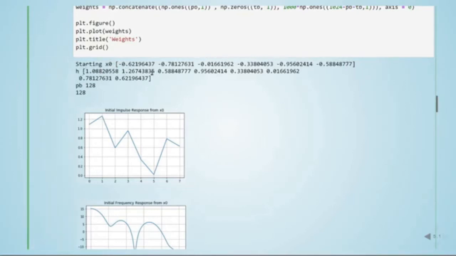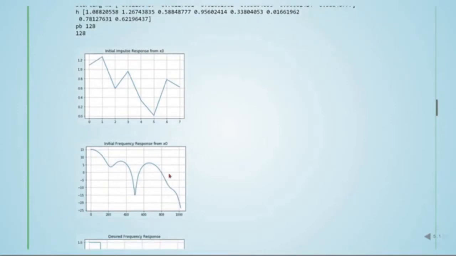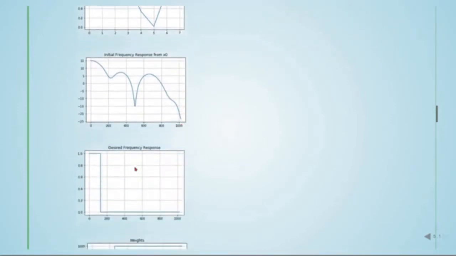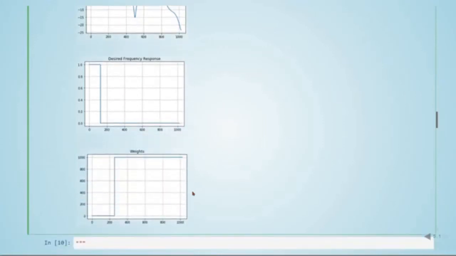Then we get the response, so it looks like this. This is the desired frequency response. What we will do is change the values and do this optimization so that this tries to approximate this. And here we have our weights. We give high values to the stop band and 0 to the pass band, and we have here a transition band.